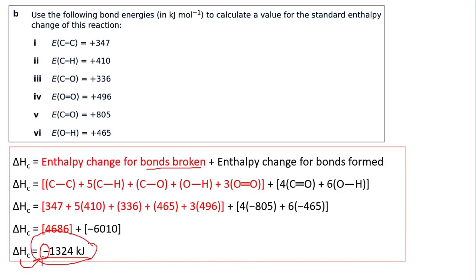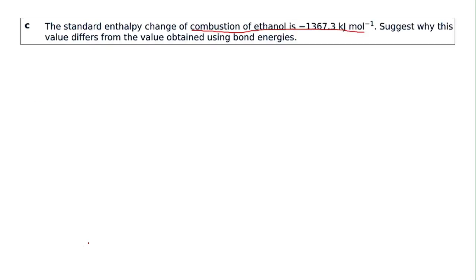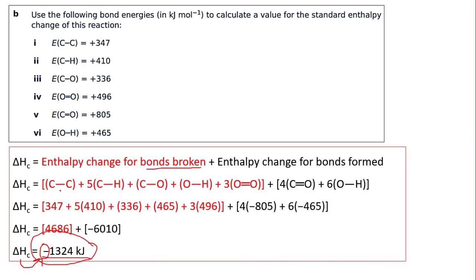So we are getting a slightly different answer as compared to the experimental value, and we have to tell the reason why this is different. Remember one thing here: the bond energy values that we are actually using are not the exact bond energy values. These are the average bond energy values. What is the difference between the exact and the average?